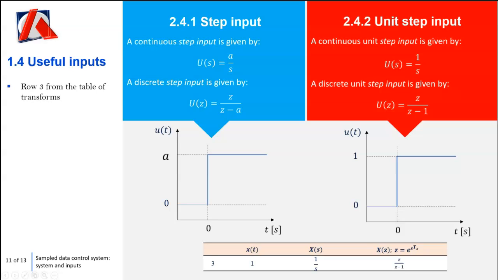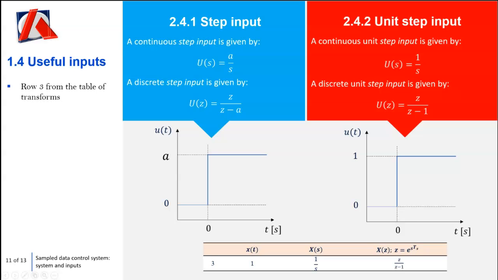Looking at the tables, this transforms to z over z minus A. The table here gives me a unit step input, so 1 over s, where A is effectively 1, and that transforms in the Z domain to z over z minus 1.